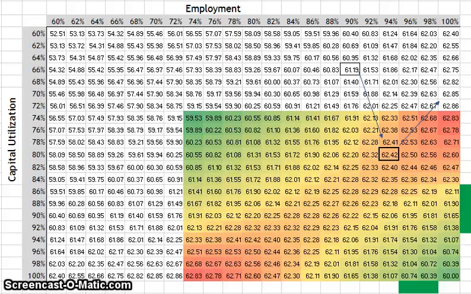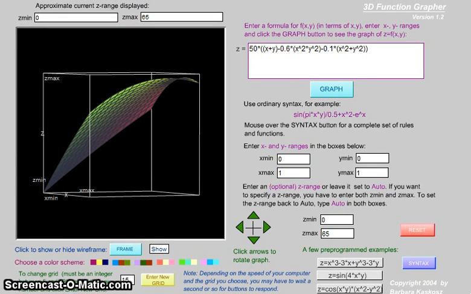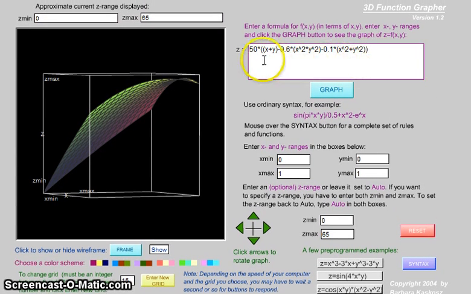Now I simply want to show you what the equation looks like in three-dimensional form. Here you can see the equation. I'm using roughly the marginal factor productivity 50. I just rounded it to 50. And here's the equation where X would be, say, the unemployment rate, and Y would be the capacity utilization rate.